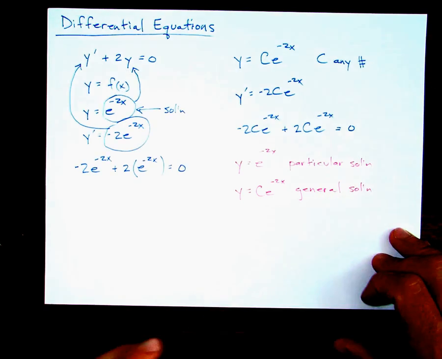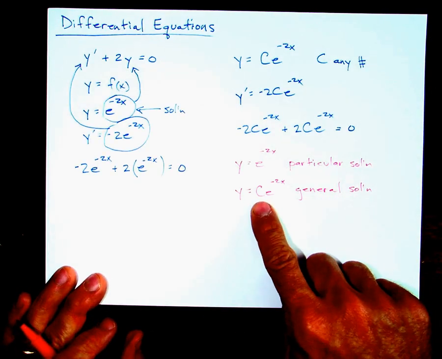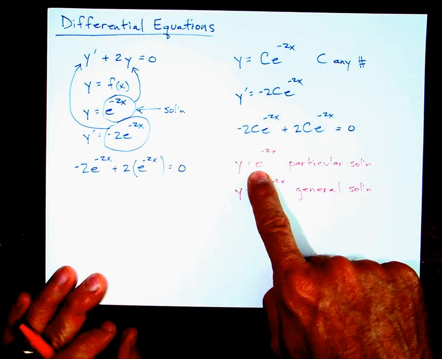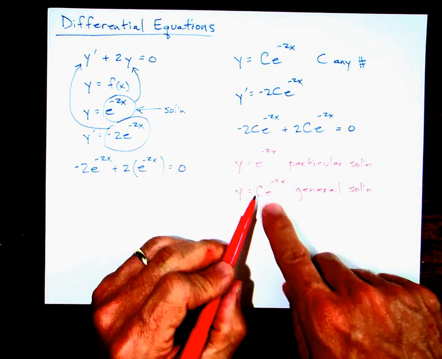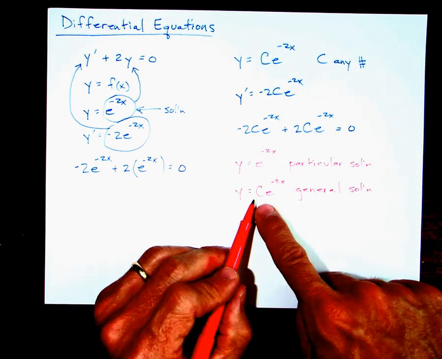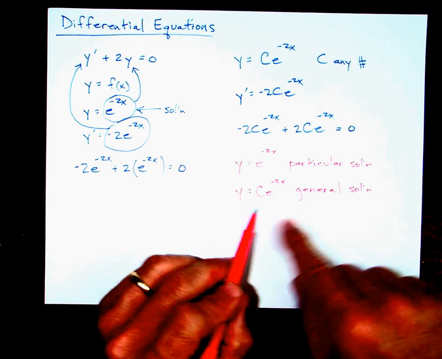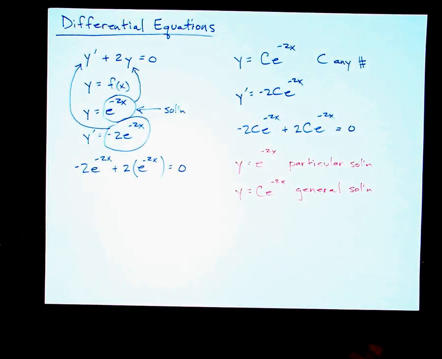In other words, if I let c equal 1, I have this particular solution. c could be anything, but the particular solution fills in a particular value for c, where the general solution has a general c.